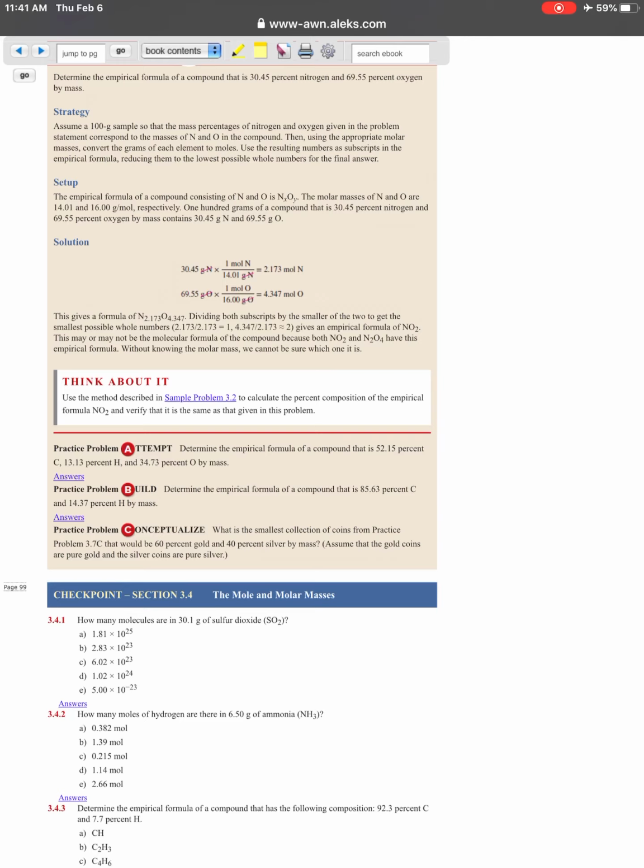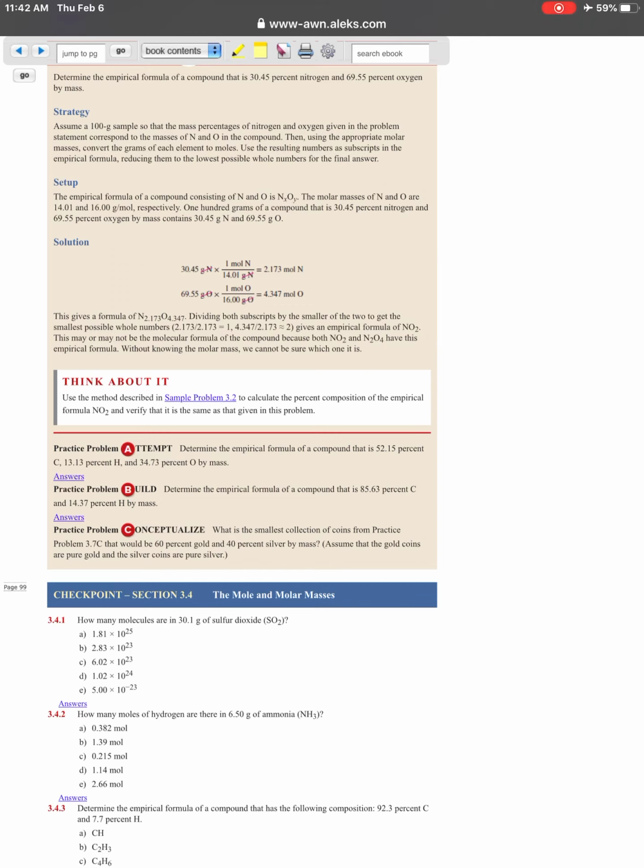Once you've done that, we know the ratio is going to be 1 to 2 or 1 to 1 or 1 to 3, small ratios. Take a look at the moles. If you look at those 2 numbers, roughly estimating, it looks like there's half as much nitrogen and twice as much oxygen. 4.347 looks to be twice 2.173.